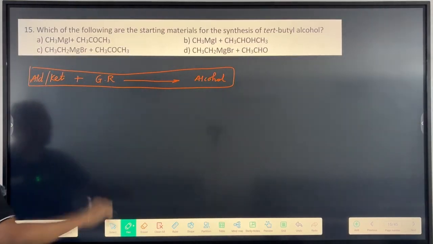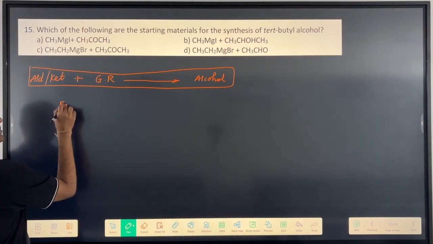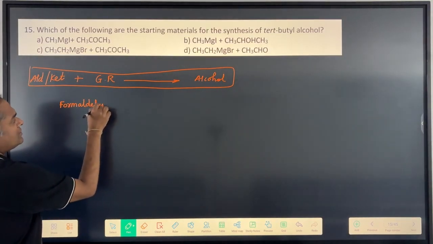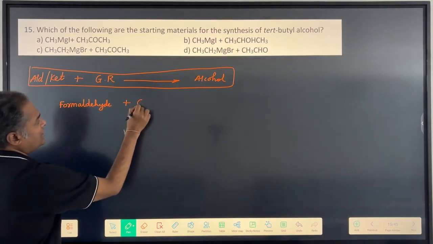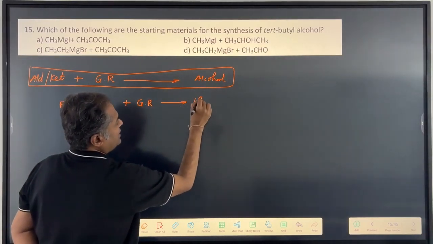Now let us have some logic. Now what is that logic? Suppose a formaldehyde is there, correct, and if you treat that with Grignard reagent, generally what we get is a primary alcohol.